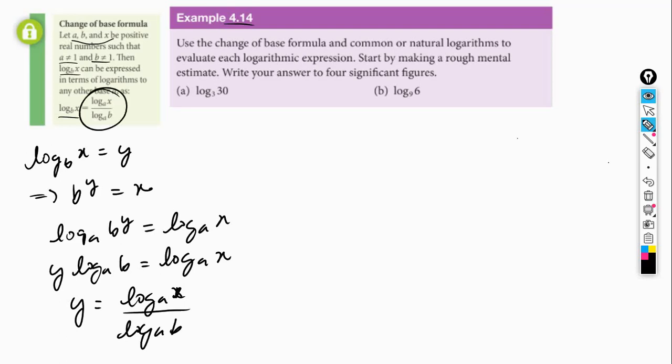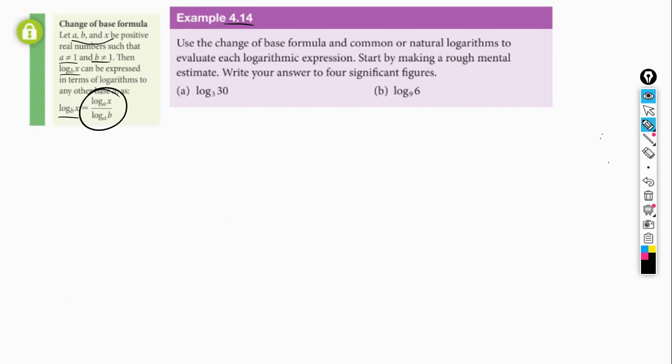Okay, so now let's focus on example 4.14. And it says, use the change of base formula and common or natural logarithms to evaluate each logarithmic expression. Start by making a rough mental estimate. Write your answer to 4 significant figures.